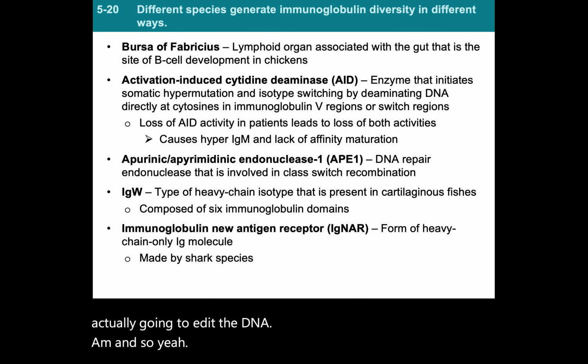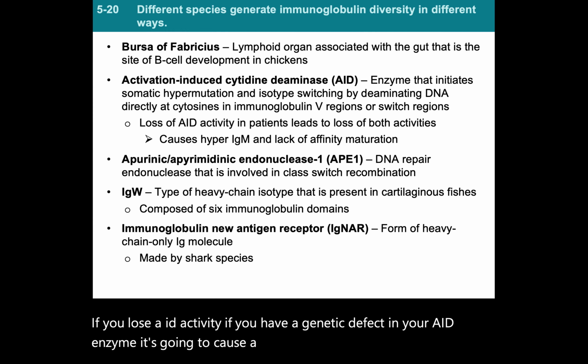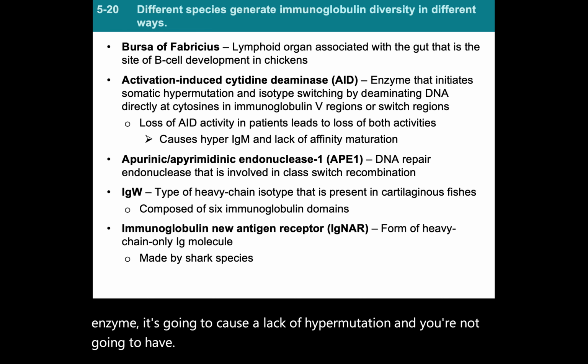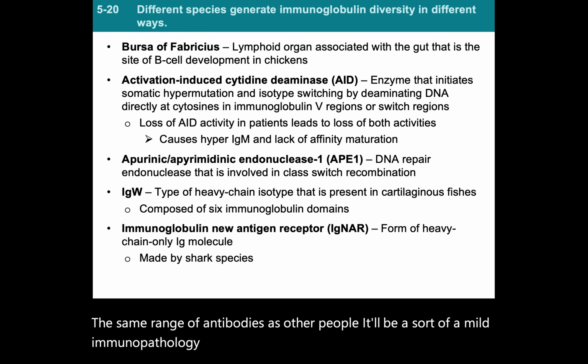If you lose AID activity, if you have a genetic defect in your AID enzyme, it's going to cause a lack of hypermutation, and you're not going to have the same range of antibodies as other people. It'll be a sort of mild immunopathology, but not as bad as something like SCID, severe combined immunodeficiency.